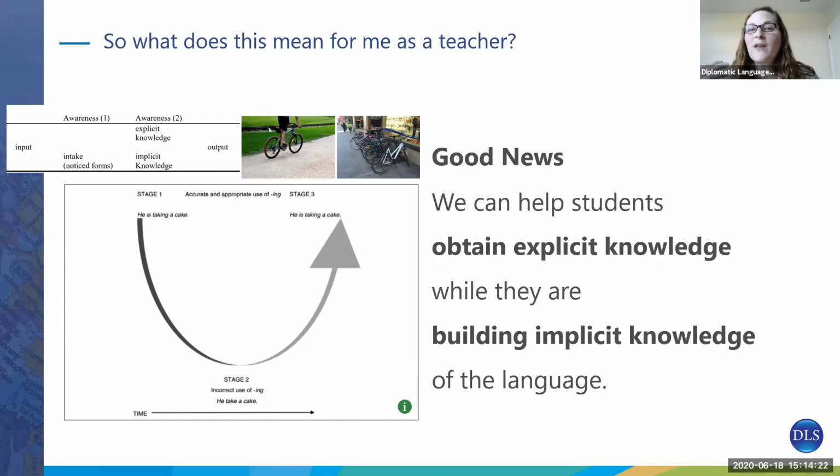So the students have to do the internal building, and we as teachers can help support them and give them the proper knowledge so that they can not just start here or stay here, but finally get back to a place where they can use the language more naturally, kind of automatically and correctly.